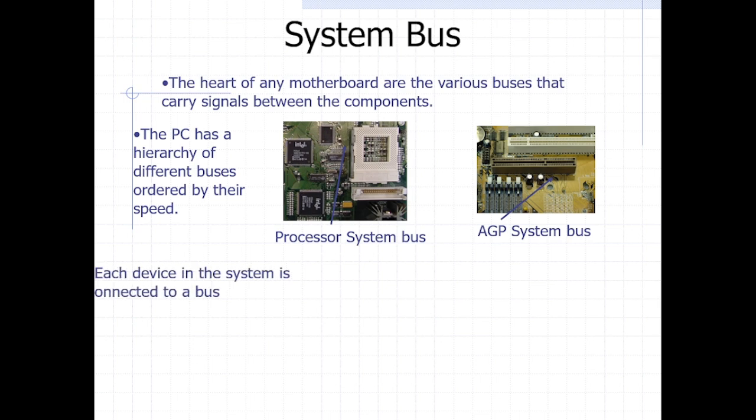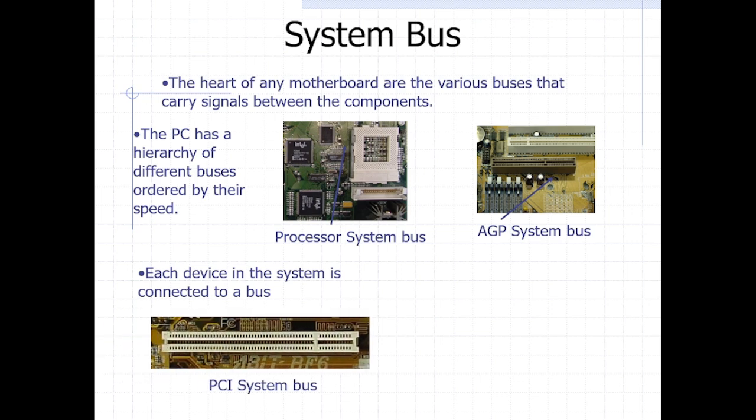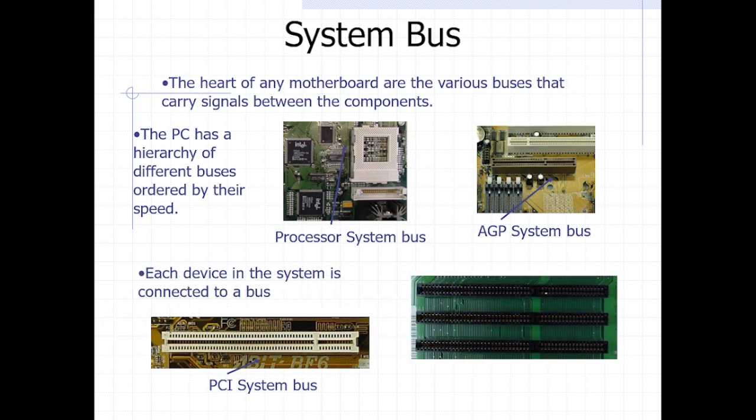The other type of bus that we're going to discuss is the AGP, Accelerated Graphics Port System Bus. And of course, we have the commonly used system bus known as the PCI system bus. Peripheral Component Interconnect is another one that we're going to look at. It is the newer version that most computers use. And of course, you have the early version, which is the EISA system bus.